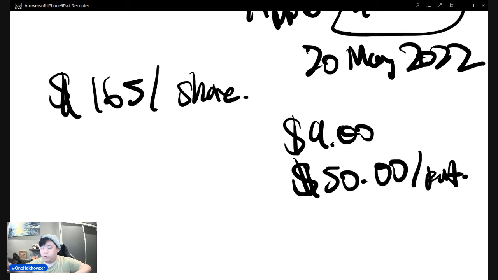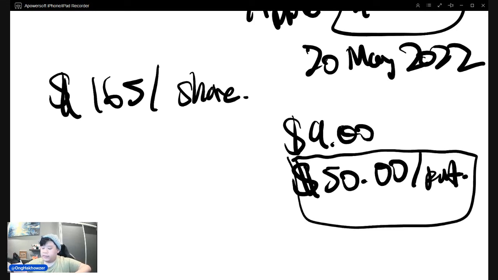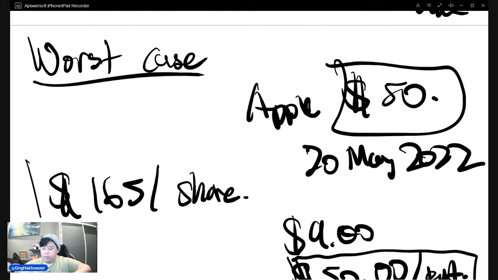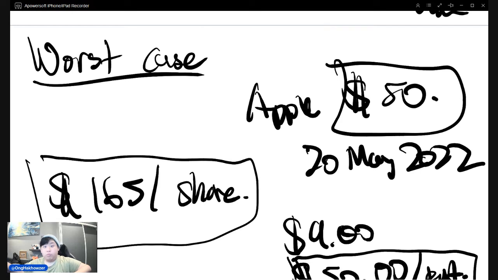You might want to realize these gains instead of buying Apple at $165 per share. This can happen, and it happened to me a lot as well. I'm not going to lie to you guys.